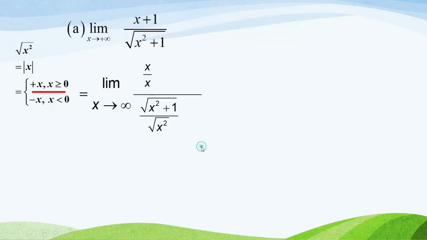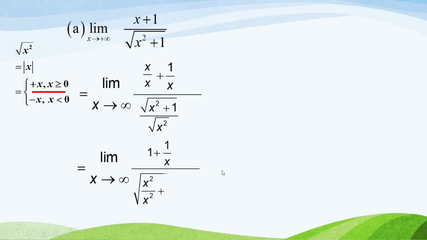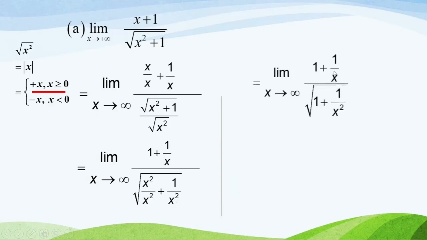X divided by x, and 1 also divided by x. One plus 1 over x over the square root of x squared over x squared plus 1 over x squared. So we get 1 plus 1 over x over the square root of 1 plus 1 over x squared.